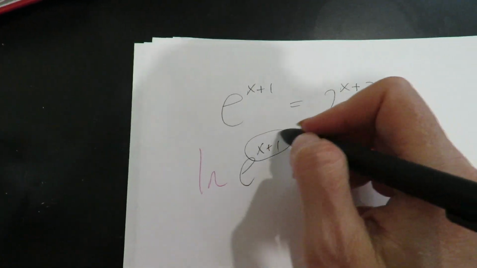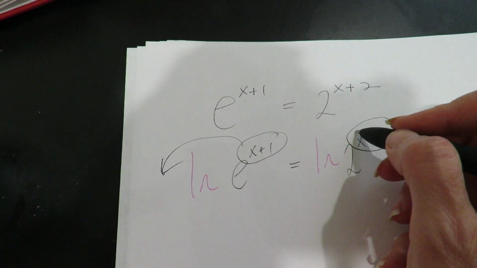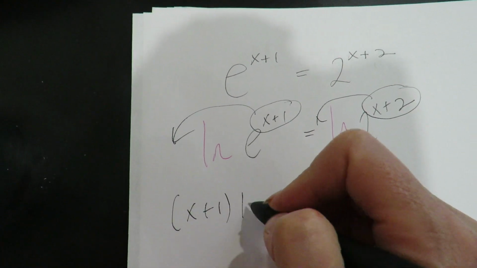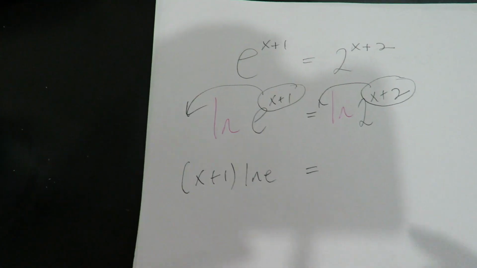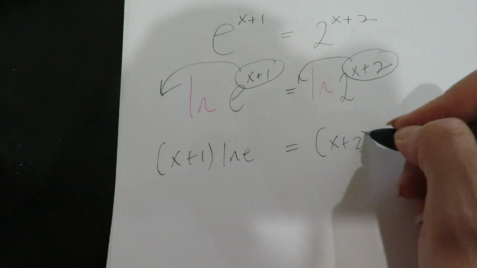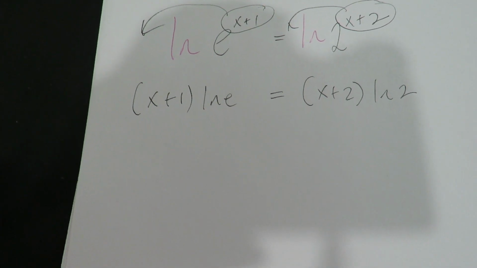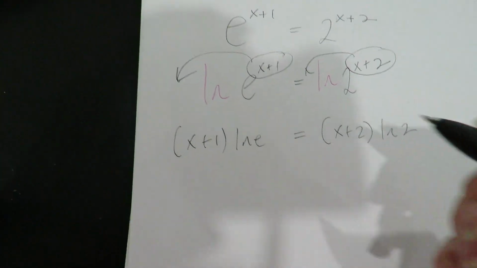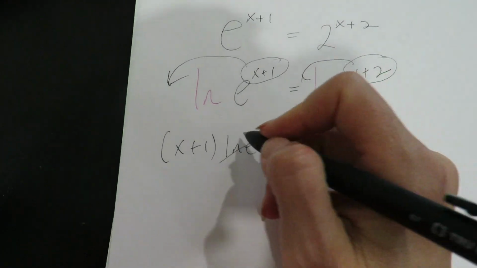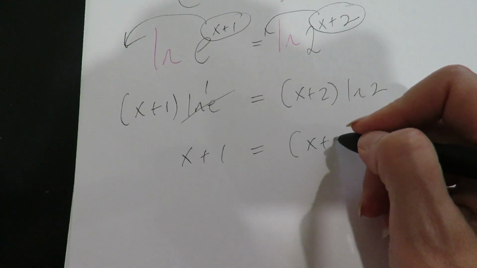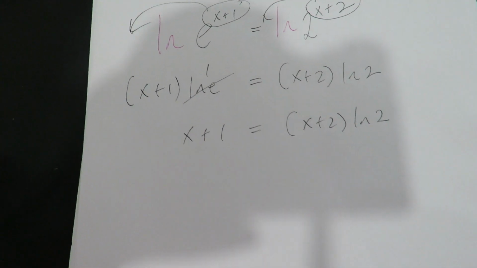Alright, now I'm going to bring the exponents down on both sides. Alright, now I have to get the x's on the same side. So, this is ln of e over here, so let's just go ahead and get rid of that while we're at it. ln of e equals 1.